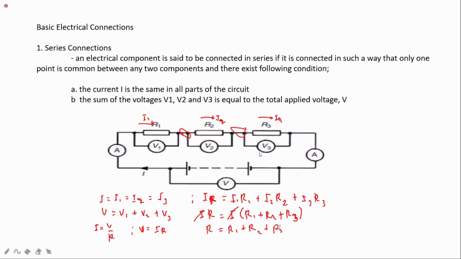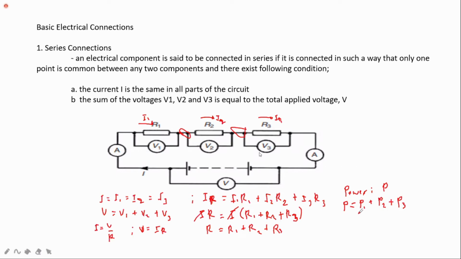Okay. So for power P, total power is equal to power absorbed by resistor 1, P1, power converted by resistor 2 or absorbed by resistor 2, P2, and power absorbed in resistor 3, P3.